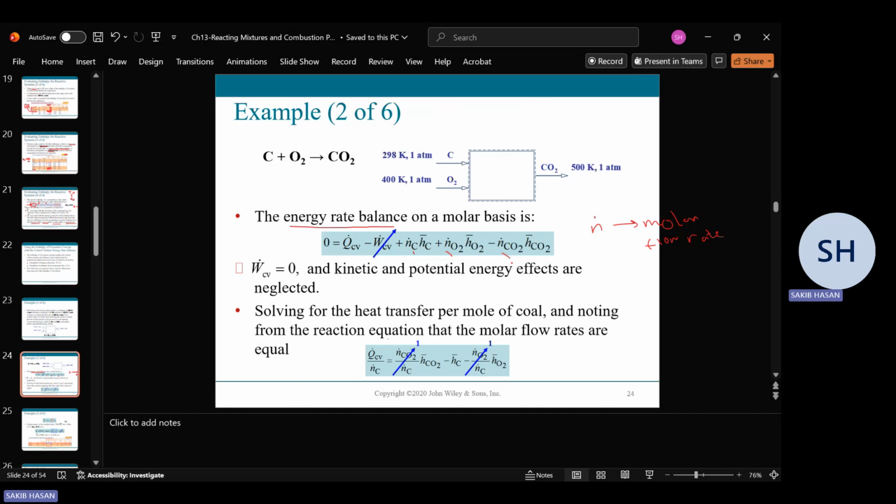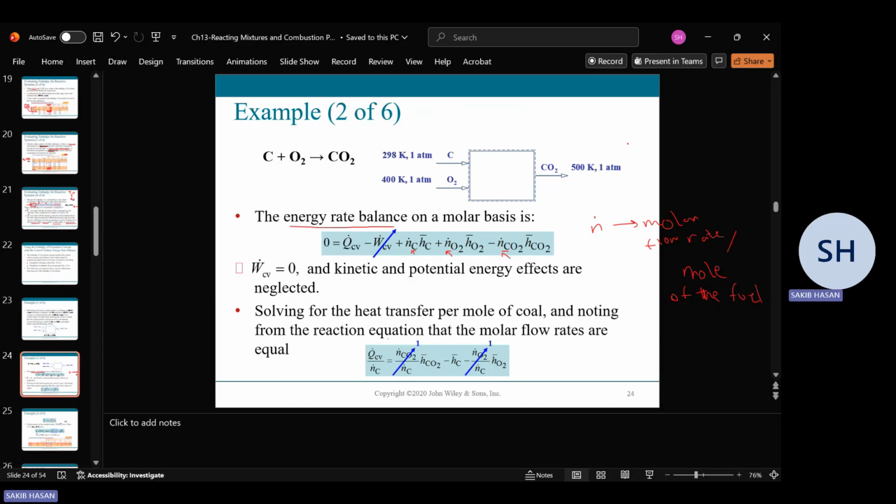So all these will be relative, or rather, we can say per mole of the fuel, right?